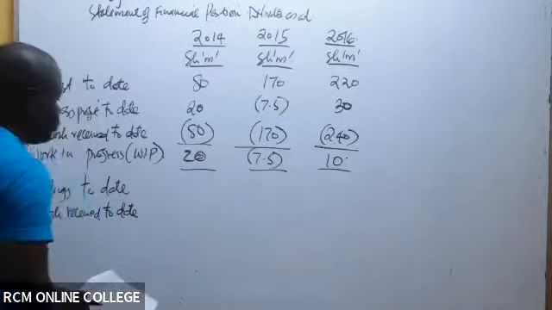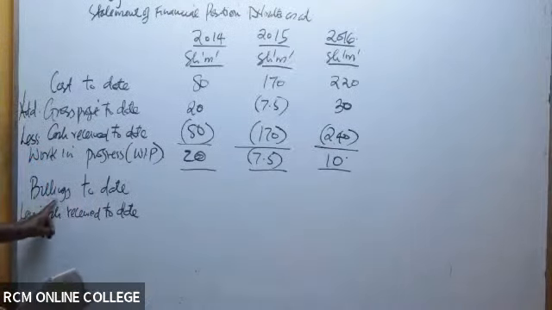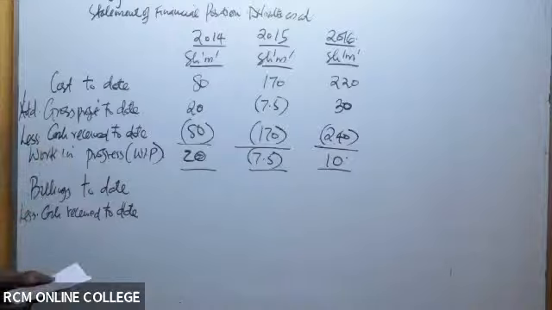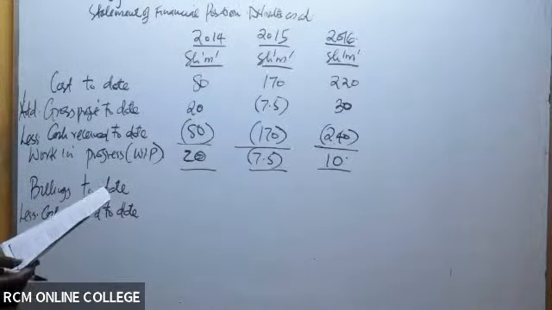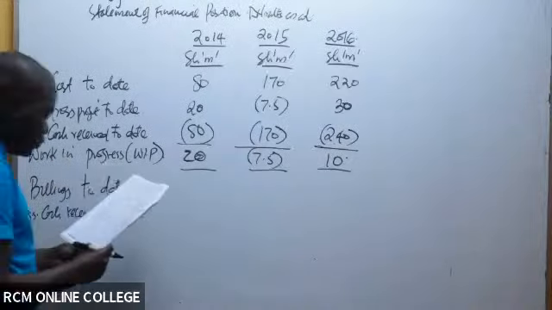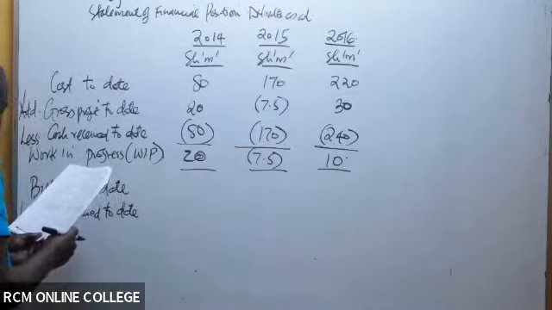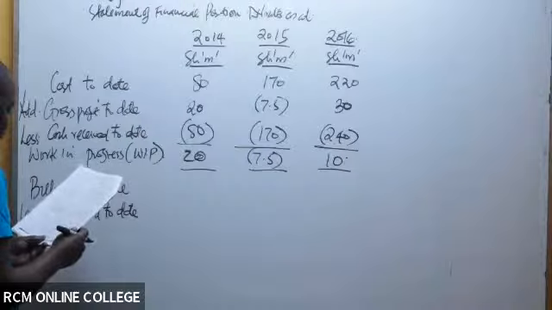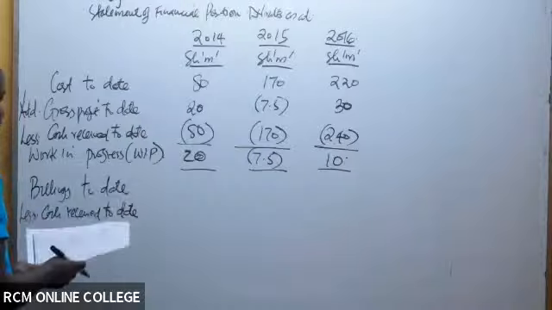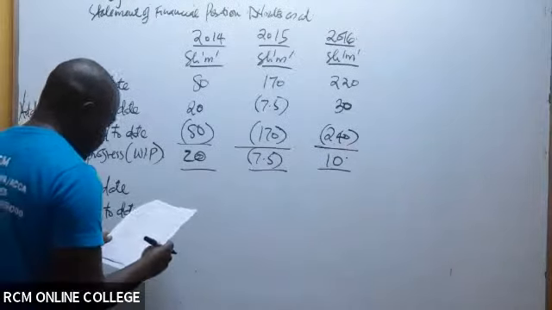So the billings to debt you've actually been given. When you talk about billings to debt, it is what this contractor had billed the client to pay. For the year 2014, we are being told that the billings made during the year on the contract, it was 90. So in the first year, it will likely be 90.